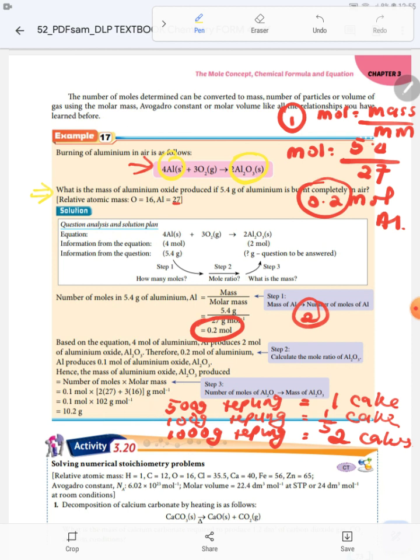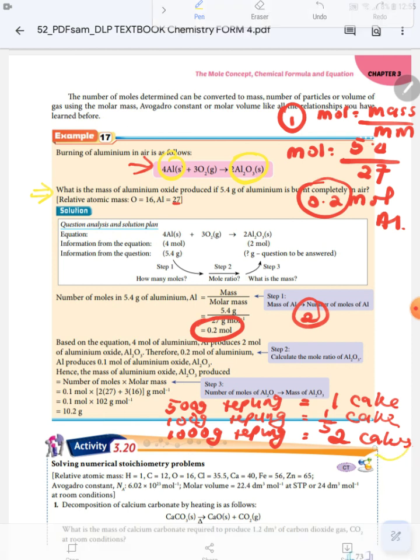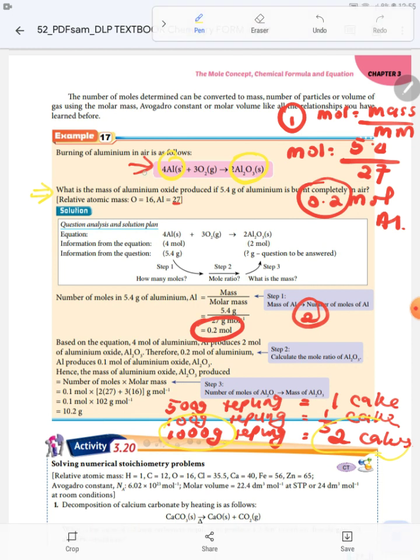Tadi cikgu ada buat analogi. Jika satu biji kek memerlukan 500 gram tepung, jadi kalau kita nak buat 2 biji kek, bermaksud kita perlukan 1000 gram tepung. Sama juga macam ini. Secara teorinya, 4 mol aluminium menghasilkan 2 mol aluminium oksida.